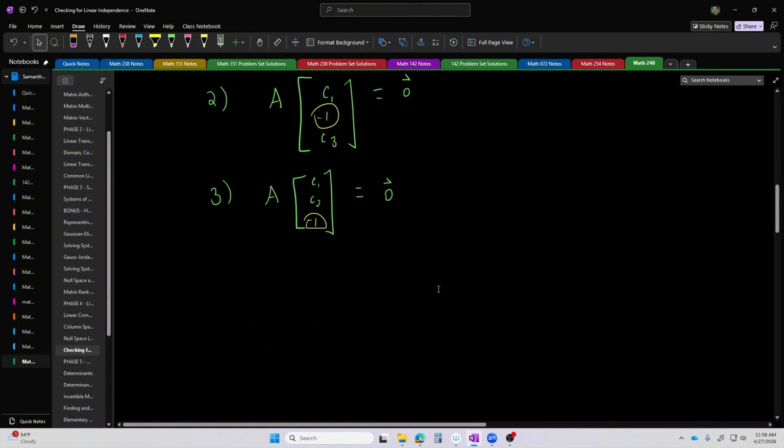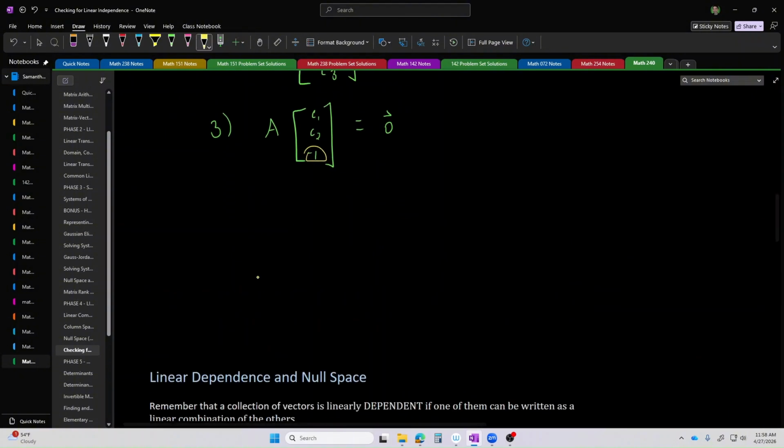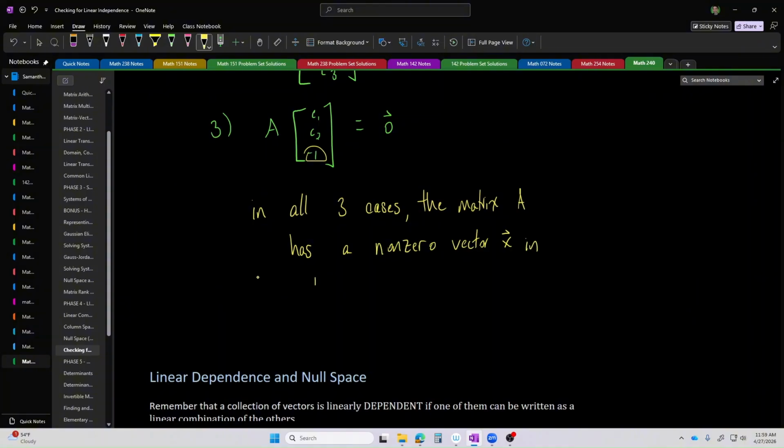So in all three cases, the matrix A has a non-zero vector x in its null space.